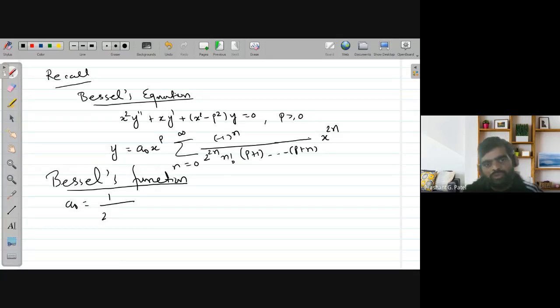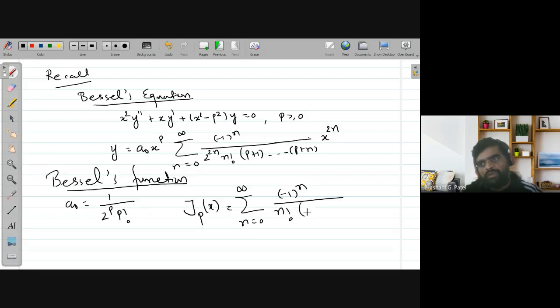We'll define the Bessel's function, denoted by jp of x, which is summation n running from 0 to infinity, minus 1 raised to n upon n factorial into (p plus n) factorial into (x by 2) raised to 2n plus p. So this is the expression of the Bessel's function.